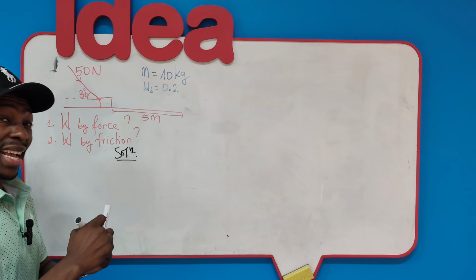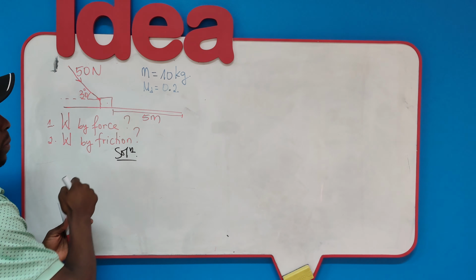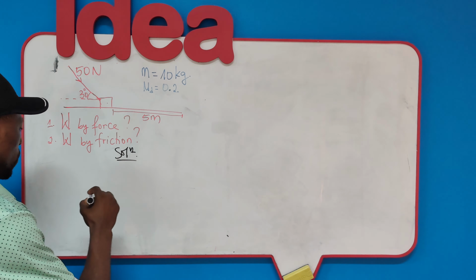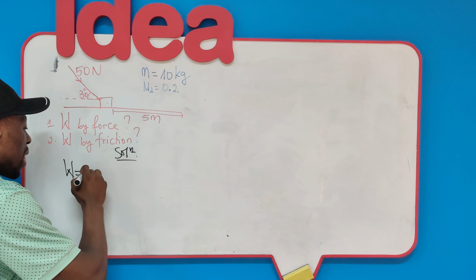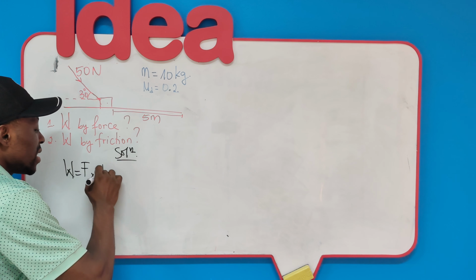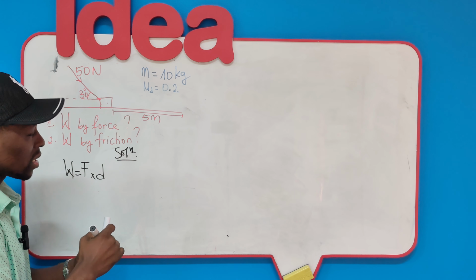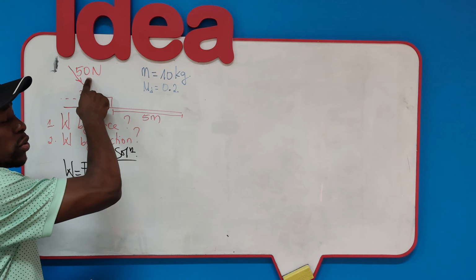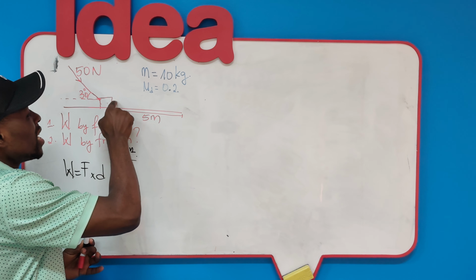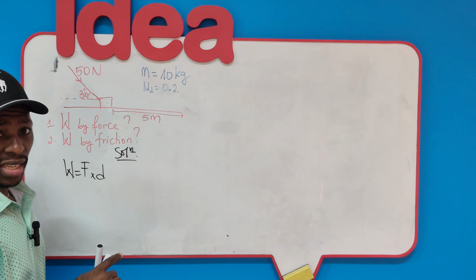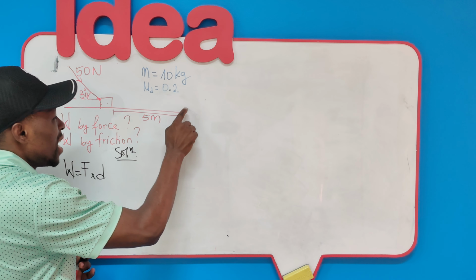Now, let me start by telling you, don't make the mistake of using this as your applied force. First and foremost, what is work done? The formula for work done anywhere is the force times the distance of action. What force are we going to use in this case? Be careful not to say 50 Newton, because 50 Newton is not the force causing motion along this axis, since the box is moving on this horizontal plane.